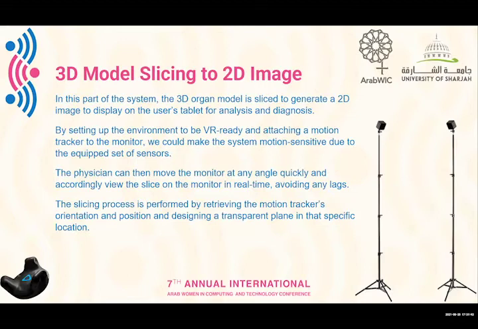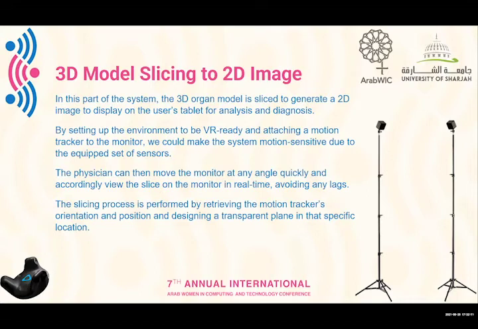Now, for the last subsystem, in this part of the system, the 3D organ model is sliced to generate a 2D image to display on the user's tablet for analysis and diagnosis. This allows the user flexibility for an interactive exploration of the 3D organ model by rotating their tablet. So by setting up the environment to be VR ready and attaching a motion tracker to the monitor, we could make the system motion sensitive due to the equipped set of sensors in the Vive tracker.